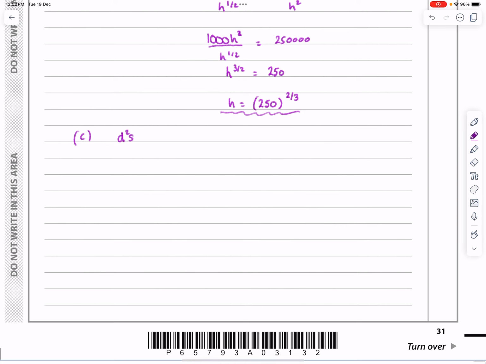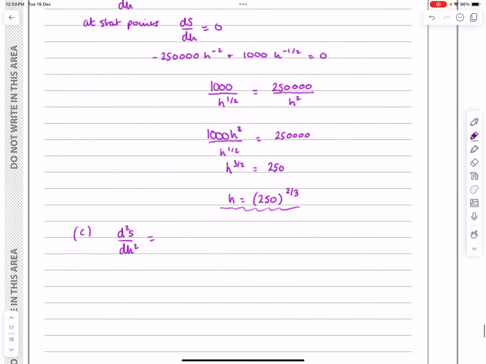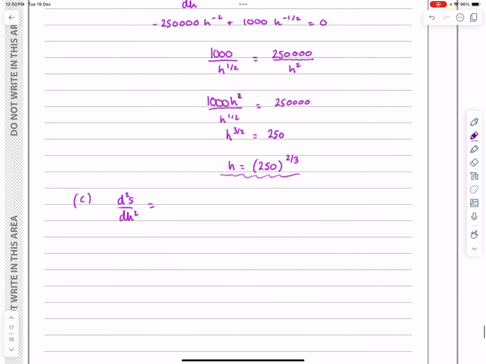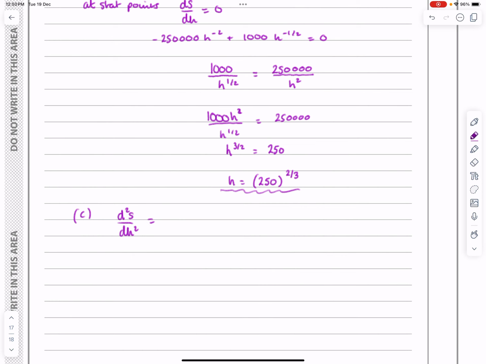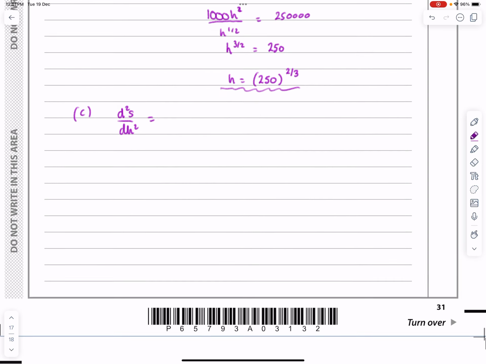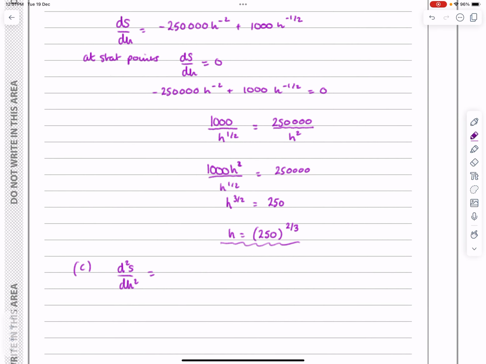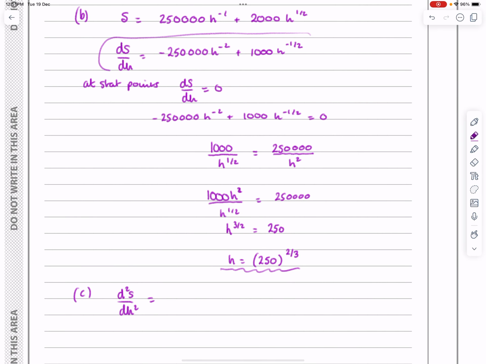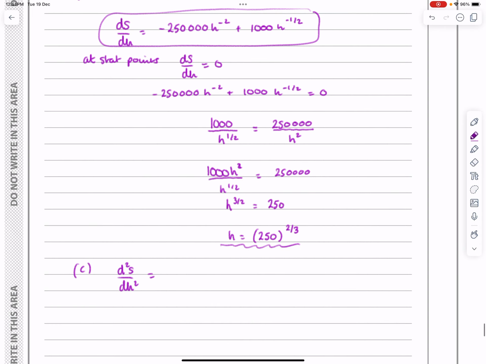So d2s by dh squared, first of all, is going to be differentiating that one again. So, let's just make it clear what we're differentiating. We're differentiating this function here. So multiply by the power, makes that 500,000 now.